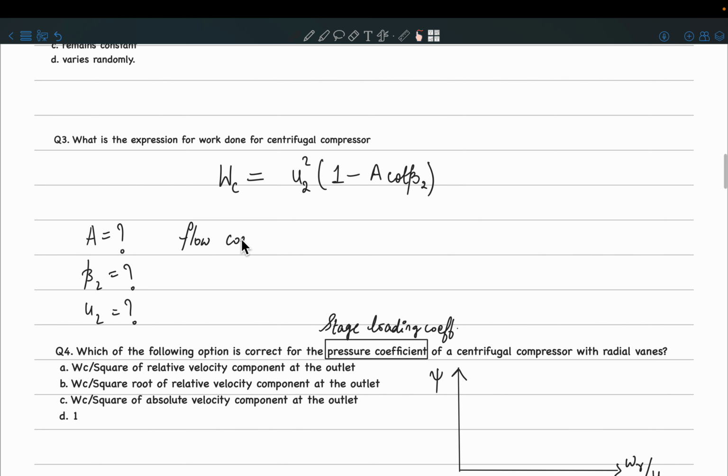What is U2? Beta 2 is the blade velocity or the blade angle? Okay, U2 is, sorry, the blade velocity. Yes, exactly. So this is the blade angle.